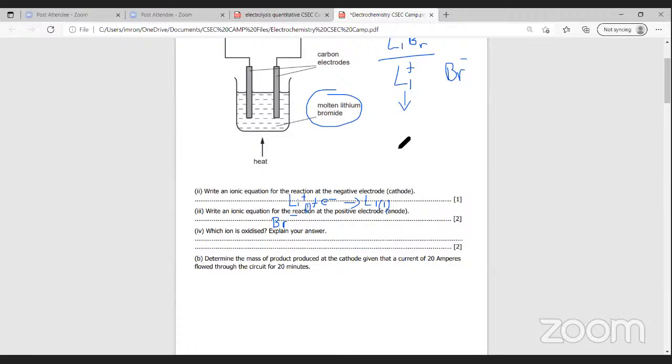So Br minus gives you 1 electron plus Br. But you know that bromine exists as a diatomic molecule, so you're going to form a bromine molecule. That means you need 2 of these, and if 1 gives up 1 electron, then 2 would give up 2 electrons.